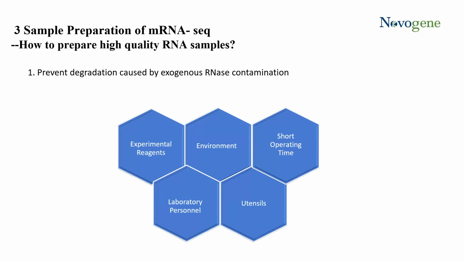RNases are everywhere, so all surfaces, including pipettes, bench tops, glassware, and gel equipment, should be decontaminated with RNase decontamination solution. RNase-free tips, tubes, and solutions should always be used, and gloves should be changed frequently if you think they are contaminated. Always use a short operating time, so you can avoid the chances of contamination and degradation.